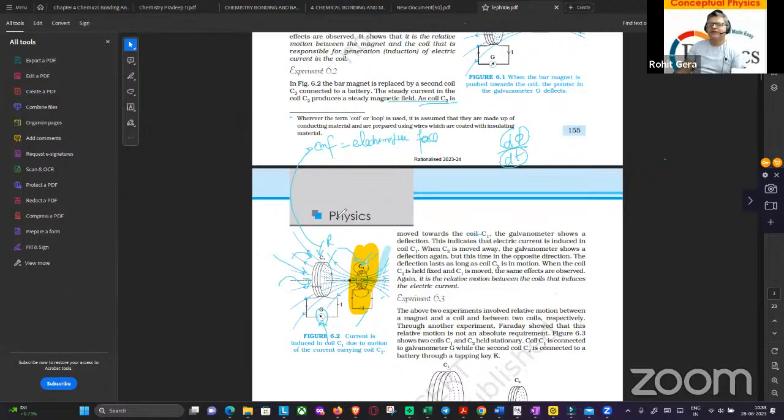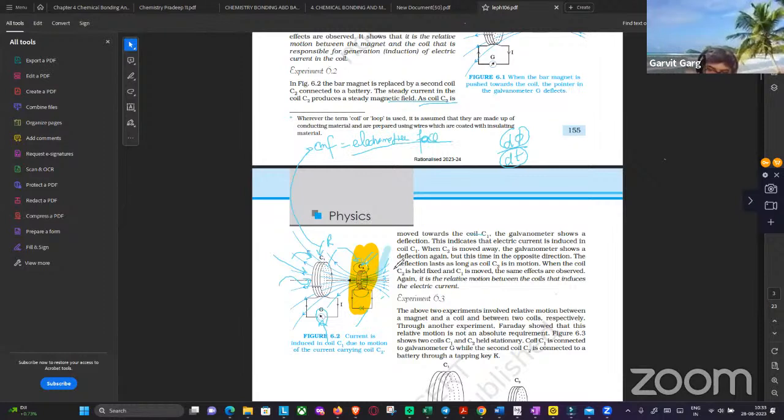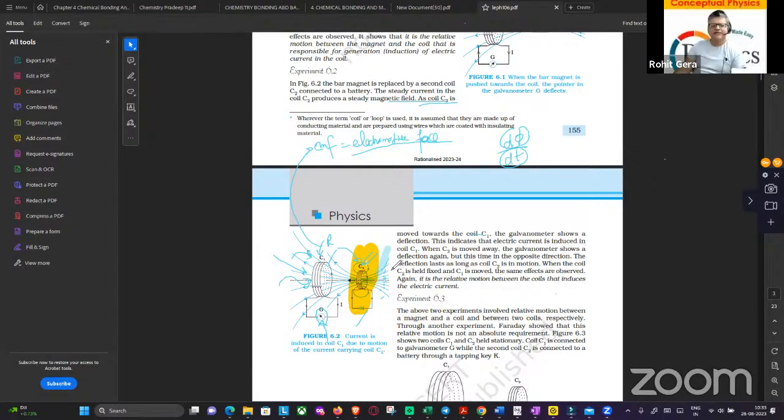And what is that something? Generation of EMF. Which means you have created a battery inside C1. How is current flowing in C1 without any battery connected? This means for current to flow in any metal, in any resistance, you need V is equal to IR.